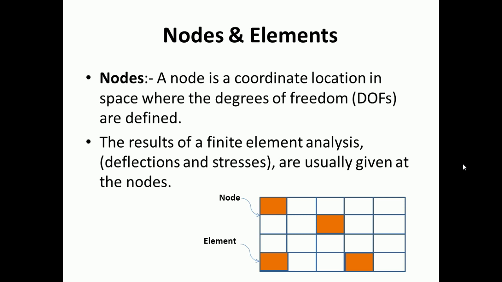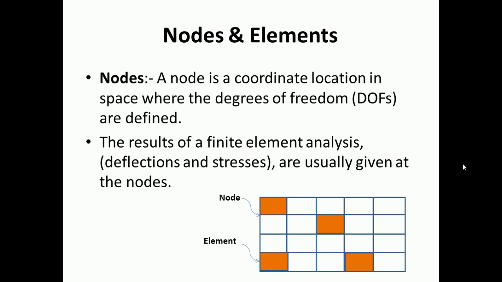So if we assume that this whole box is our domain, and we discretize this whole domain, we get our nodes and elements. So the corners of this domain are known as nodes, and the regions, that is the orange regions, are known as elements. So basically we can define a node as a coordinate location in space where we can define the degrees of freedom.